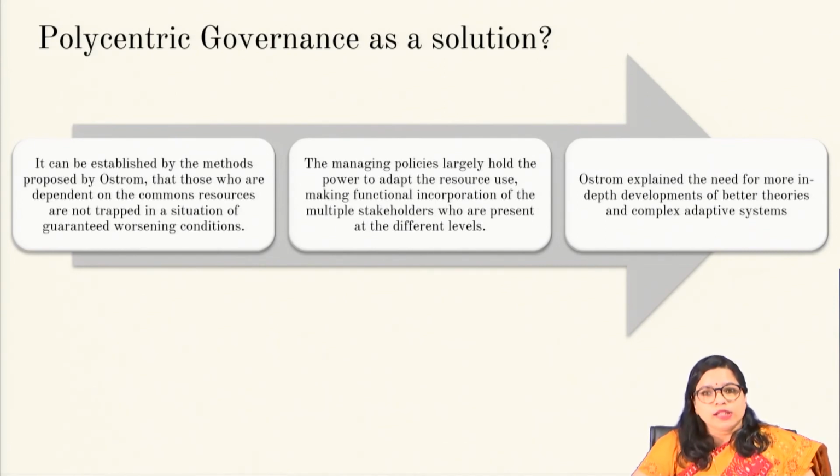The managing policy largely holds the power to adapt the resource use, making functional incorporation of the multiple stakeholders who are present at the different levels. Ostrom explained the need for more in-depth development of better theories and complex adaptive systems that can contribute to the aversion of the tragedy of the commons and promote their sustainability for the generations to come.